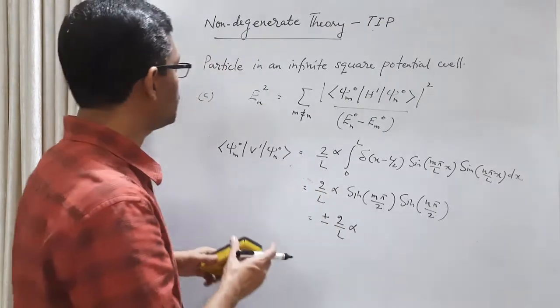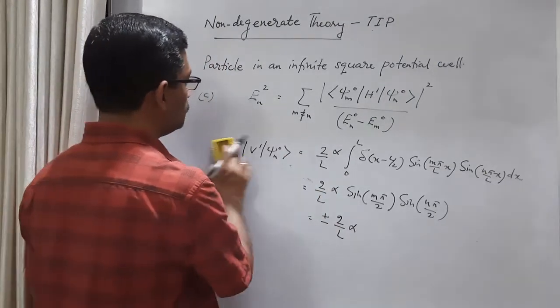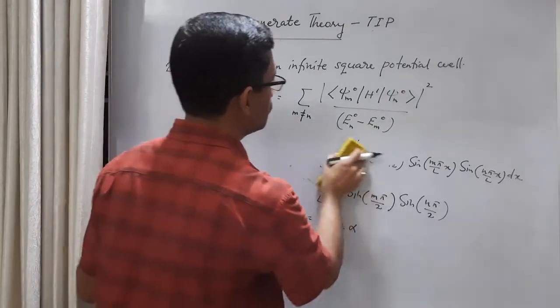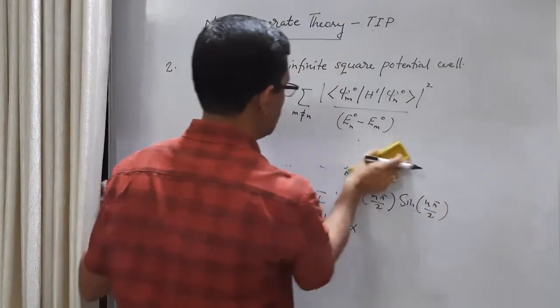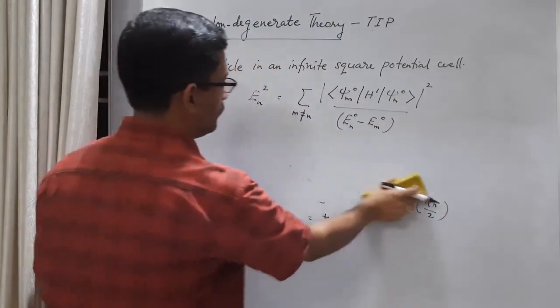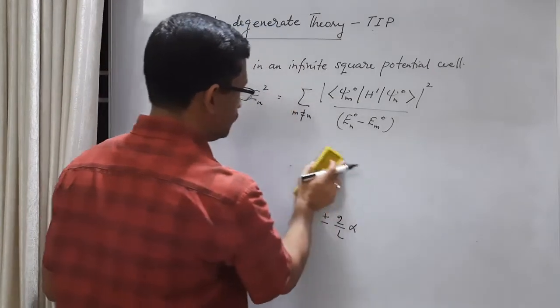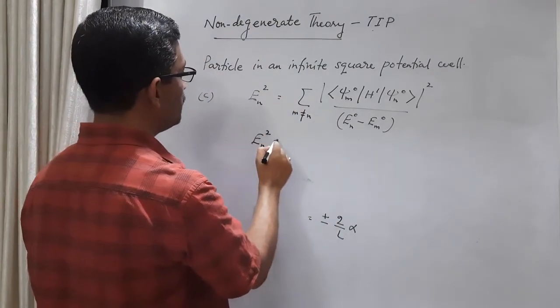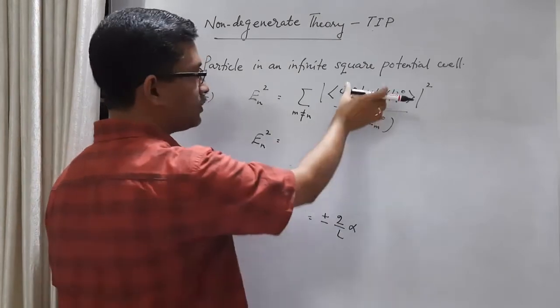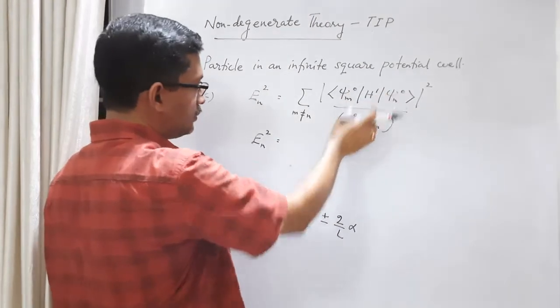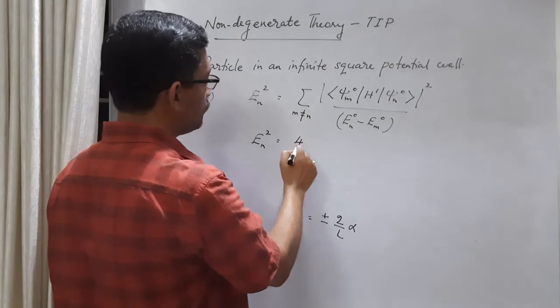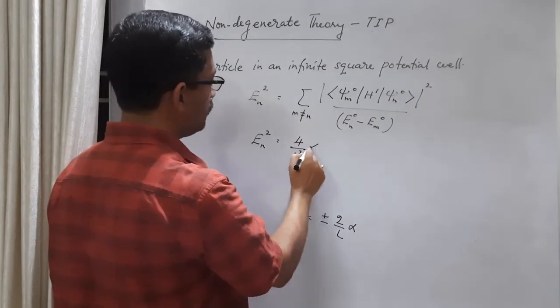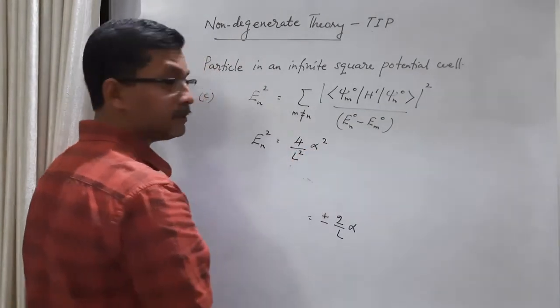Okay, so let us substitute that. So let us substitute this value. So we have second order correction in energy is the square of this 2. Okay, so this square we can take out. So 4 by L square into alpha square, right?